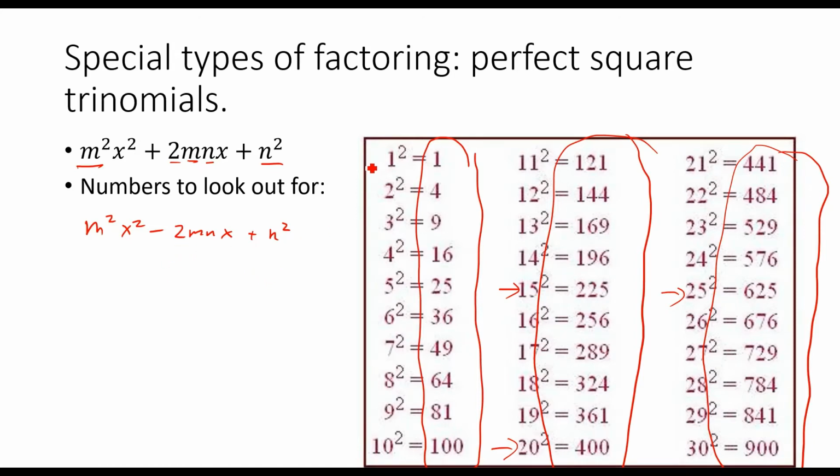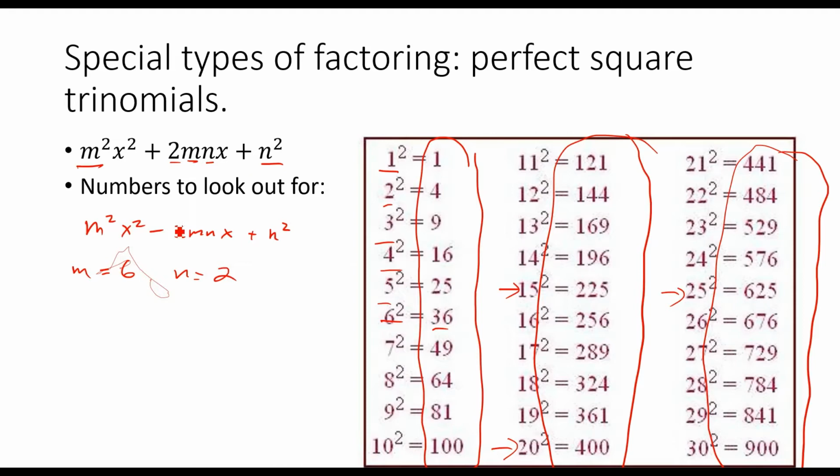And m and n are just the numbers here. That's what would replace them. So if m was 1, well, m squared would be 1. If n was, let's say, 6, then n squared would be 36. So that's all that's replacing those values. Let me create one. Let's say m was 6 and n was 2.